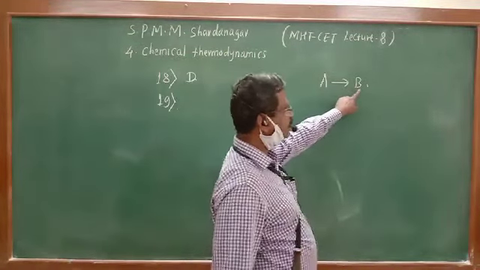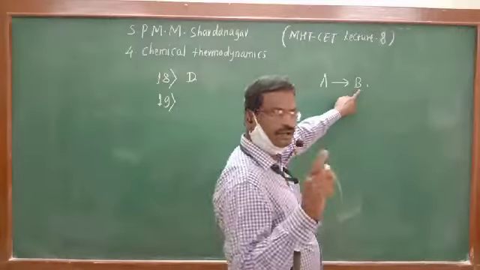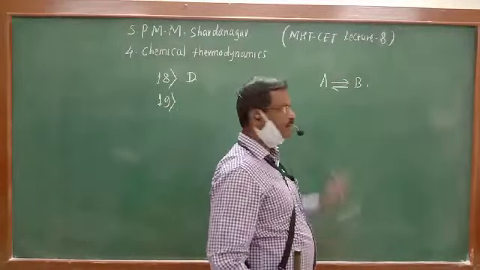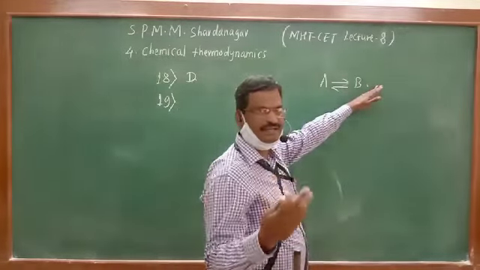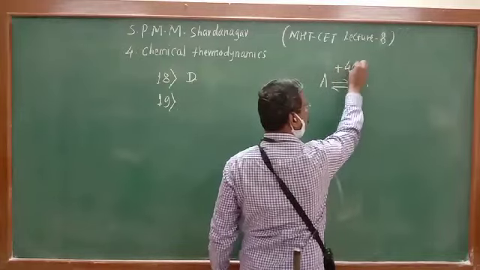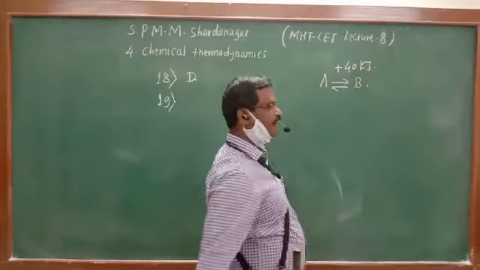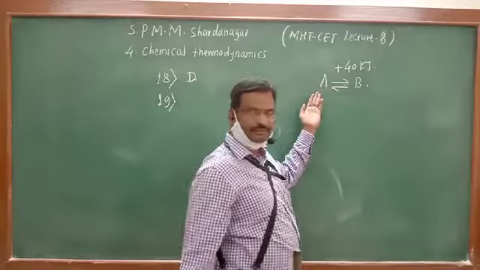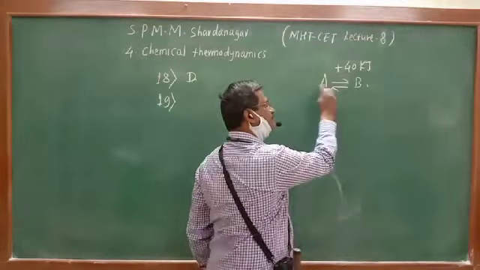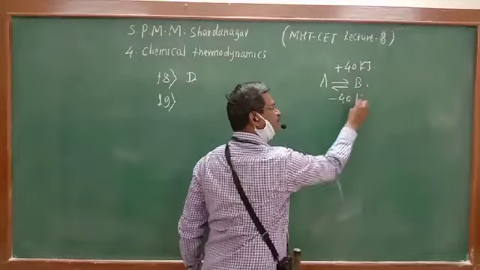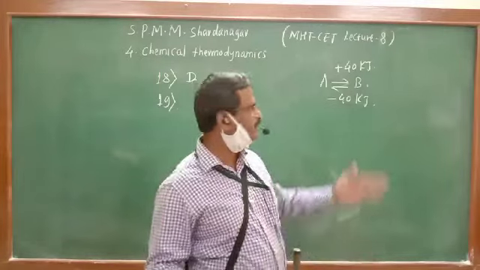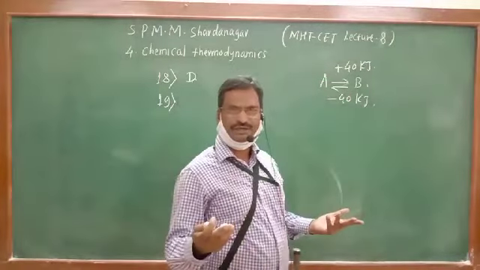Whenever A is converted to B by a reversible path, the change in internal energy is plus 40 kilojoule. Now B is converted to A in an irreversible manner, meaning B is converted to A by minus 40 kilojoule. So what is the net change in internal energy? Plus 40 and minus 40, 0.